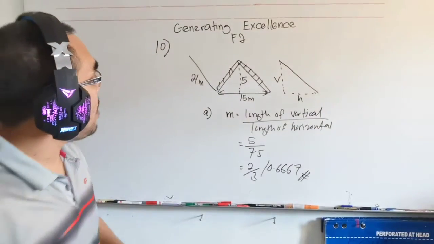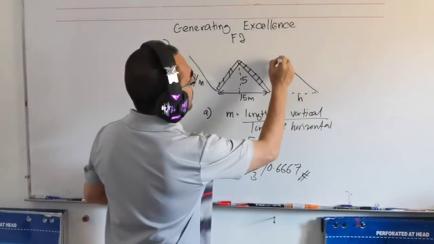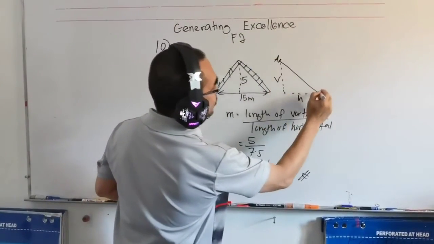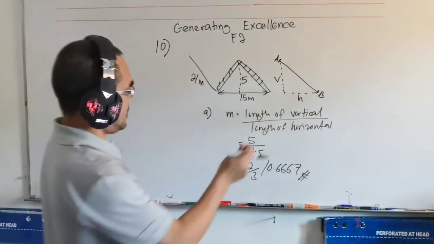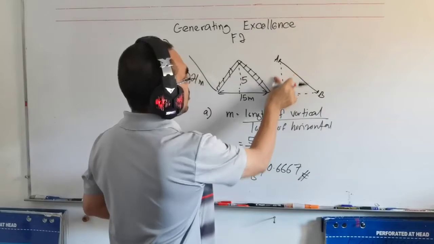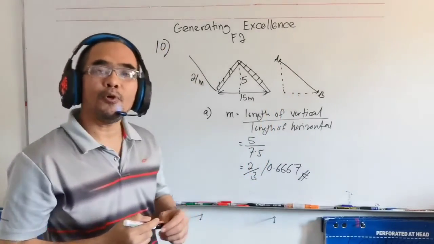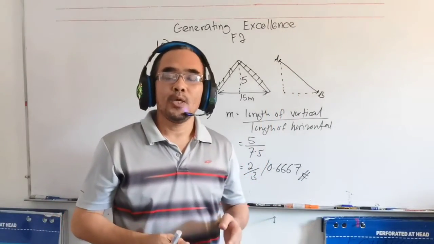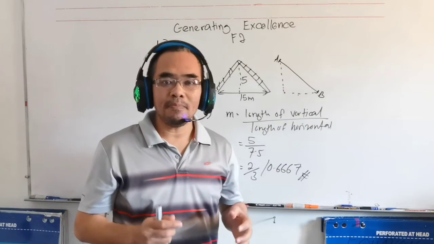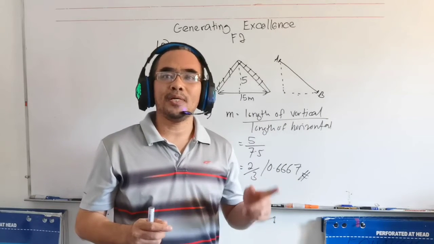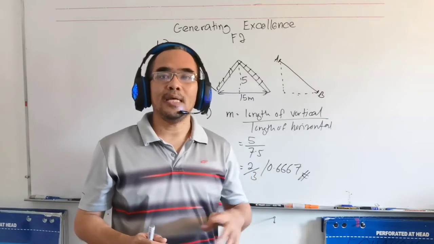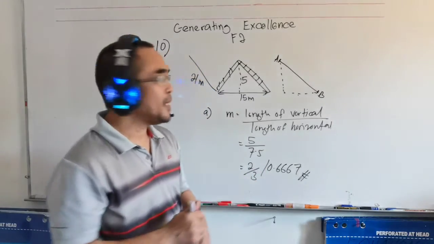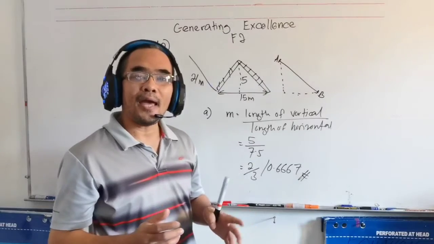Now we want to know the length from A to B. You have to use Pythagoras theorem. For the Form 2 students, you learned this Pythagoras theorem in the last chapter of Form 1. In order to use Pythagoras theorem, you have to have a right angle triangle.